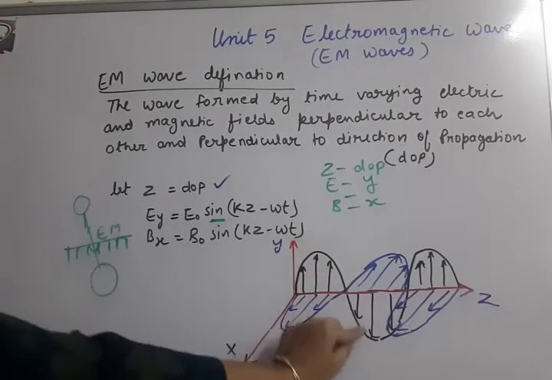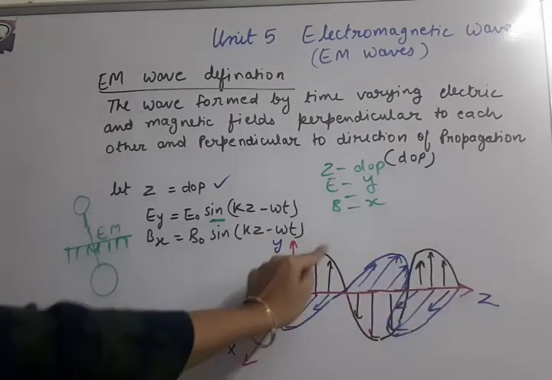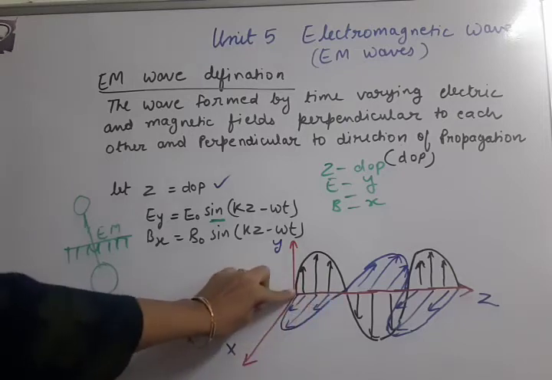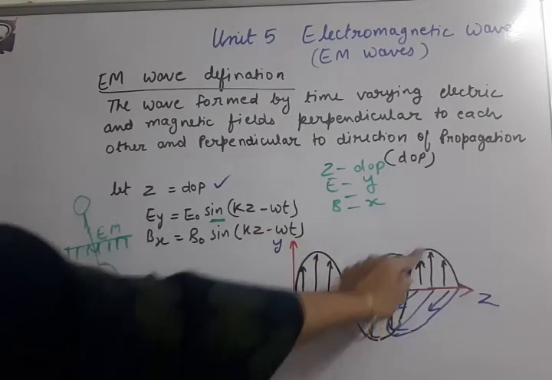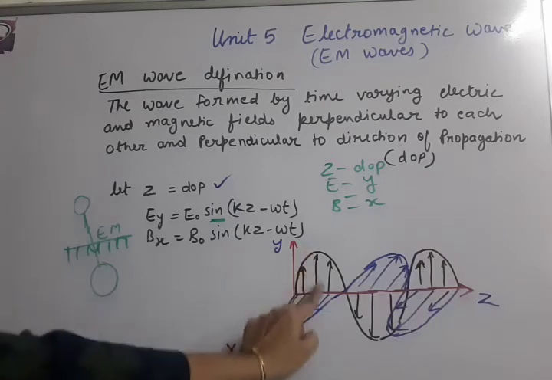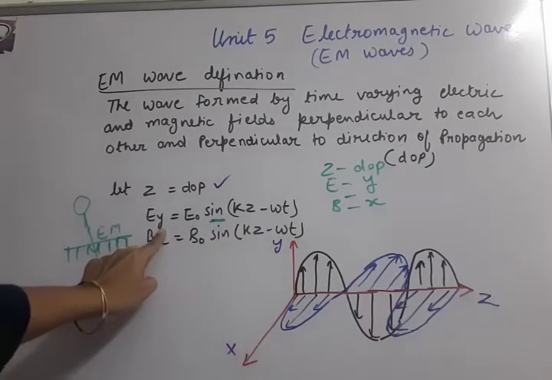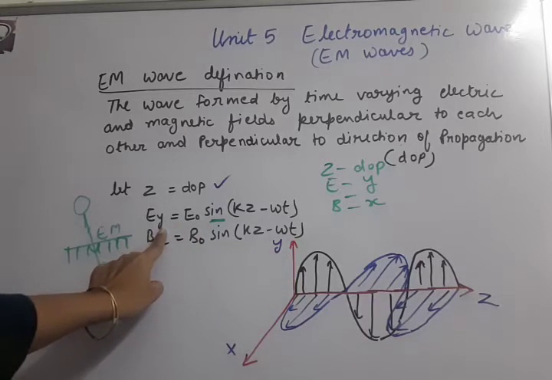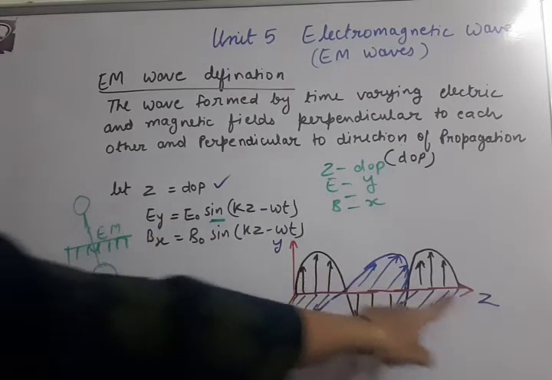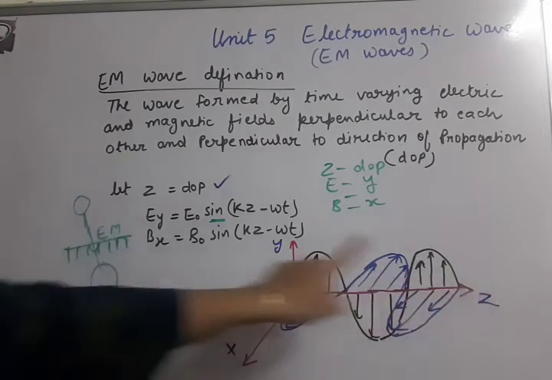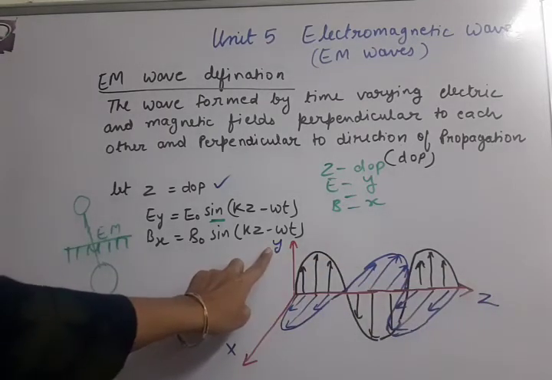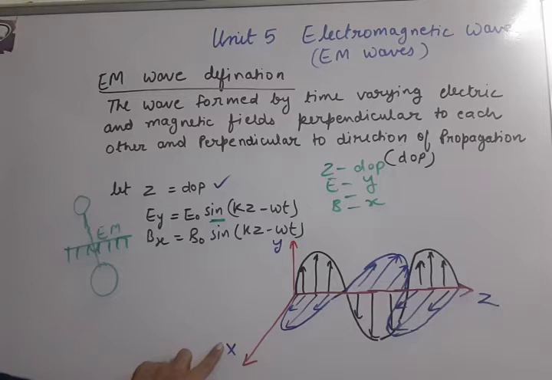This black wave is showing the electric field wave which is varying sinusoidally, that means a sine wave is formed, and its vibrations, that means the electric field's vibrations, are along the Y direction. So here we have to write EY. In the same manner, Z is selected for DOP, Y direction is selected for electric field, so the third remaining direction is the X direction, that is selected for magnetic field.